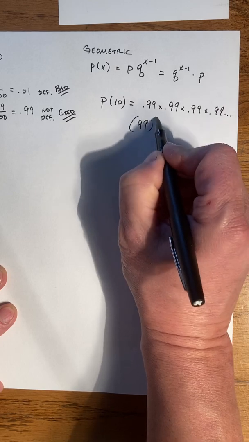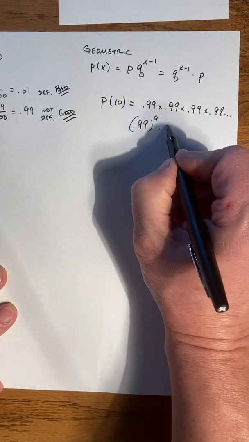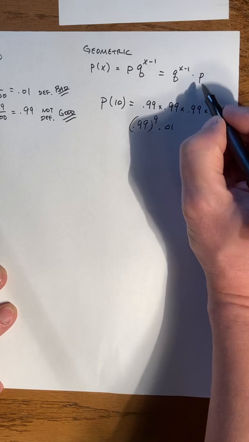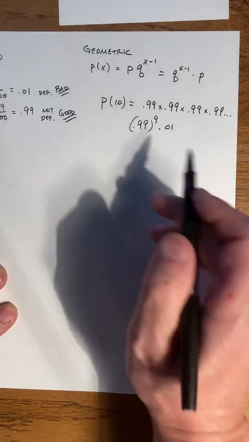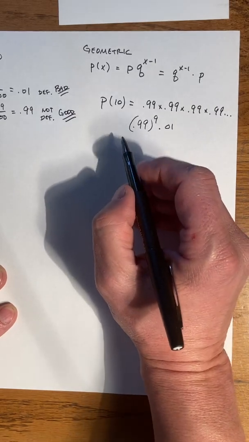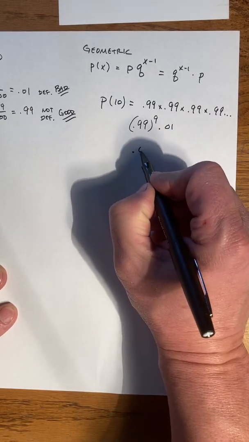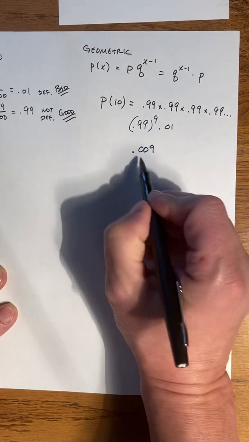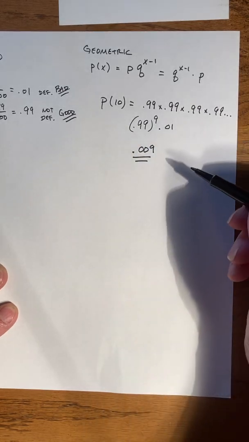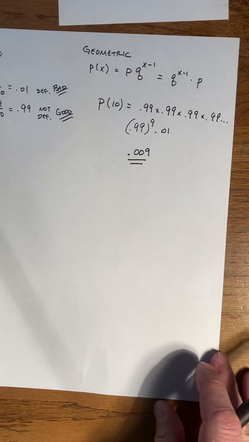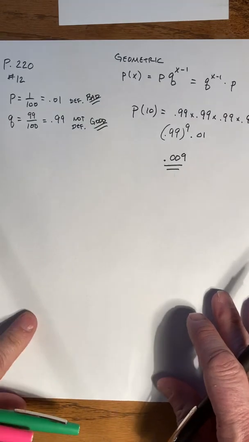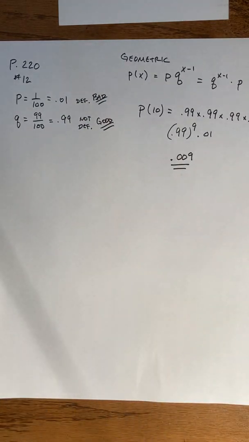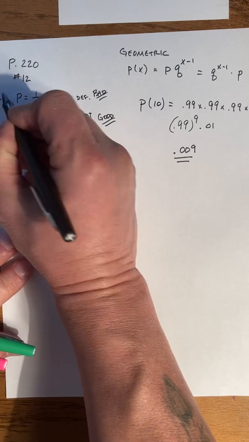I want 9 of those good parts, and I want the bad part to happen on the 10th try, which we call the bad part is the success, because that's what they're asking for. And if we multiply these together, what we get is an answer of 0.009. So it's a very, very slim chance that we're actually going to get a bad part on the 10th try if 1 out of every 100 parts is actually bad. So that's part A.